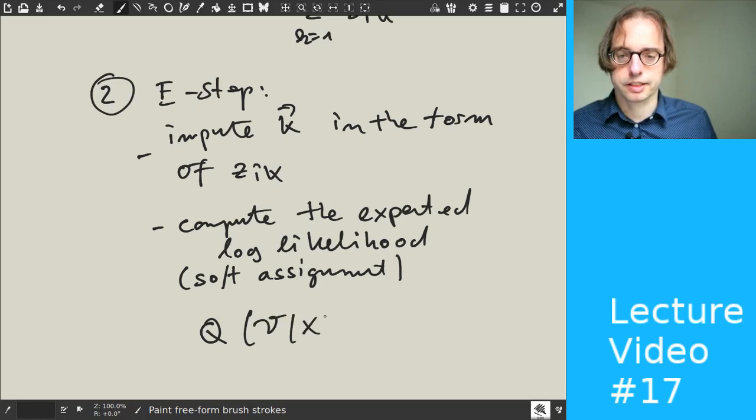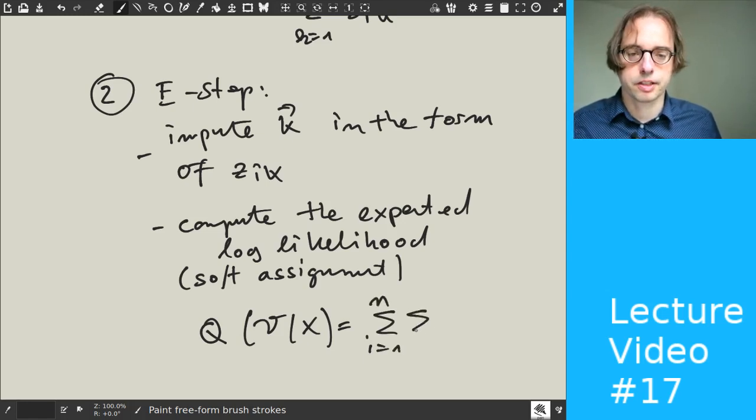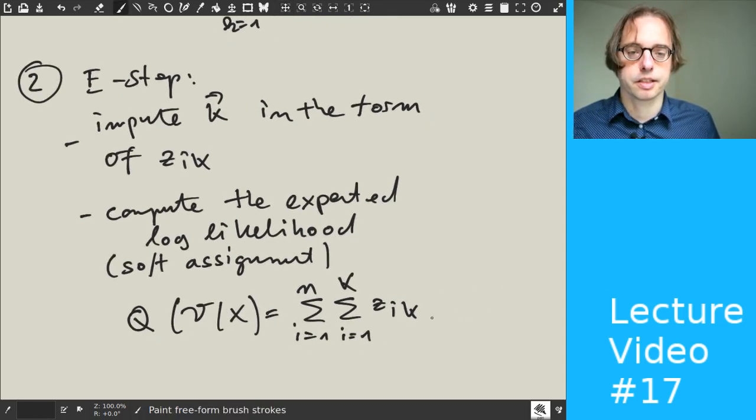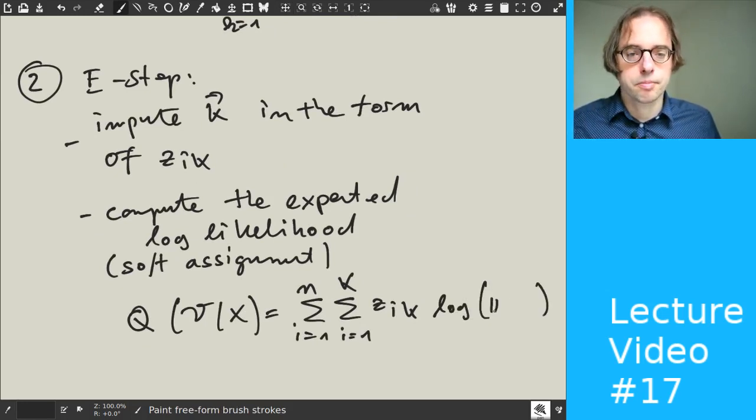So we have our data x, we have theta, and we sum over all samples as in the normal likelihood, but then we also average over all the class probabilities. So for each sample we have K probabilities given by zik, and then we just write down the complete data log likelihood, log pi k f k x i.